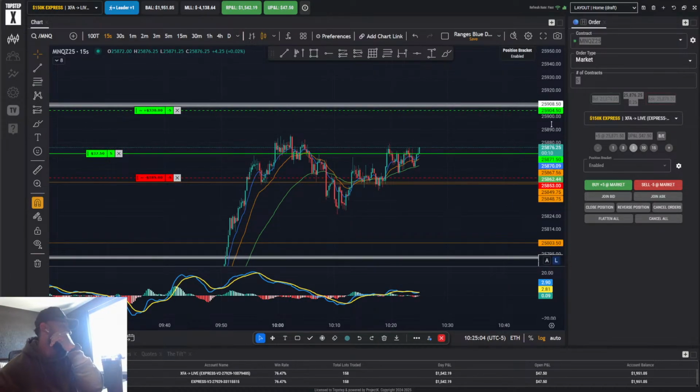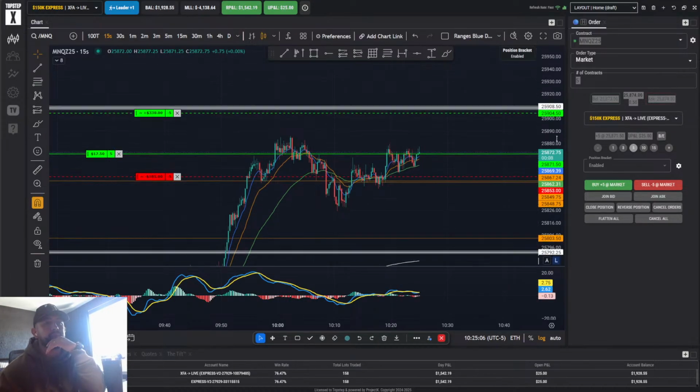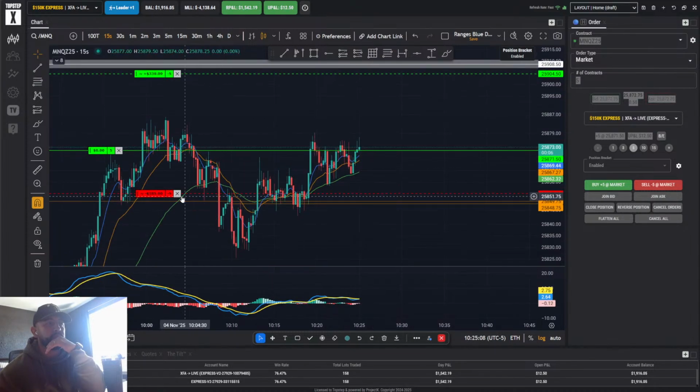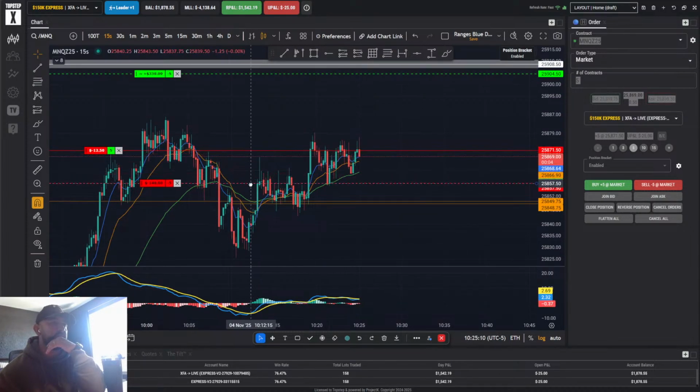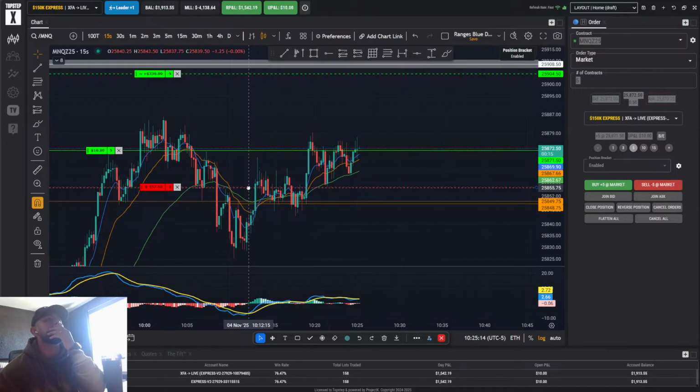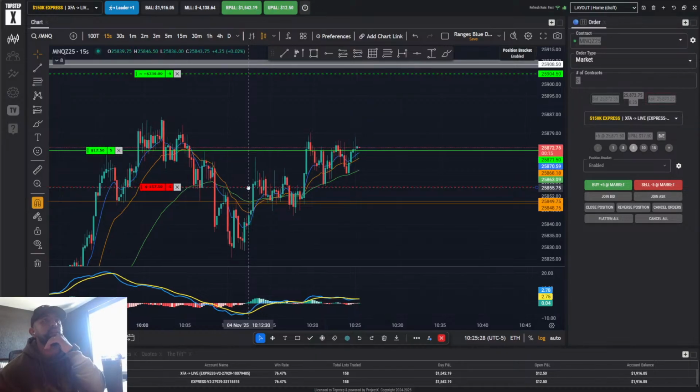We need to break these 80. I'm gonna go higher. Five-minute didn't close good. It could just be paused, like a pause candle before going higher.